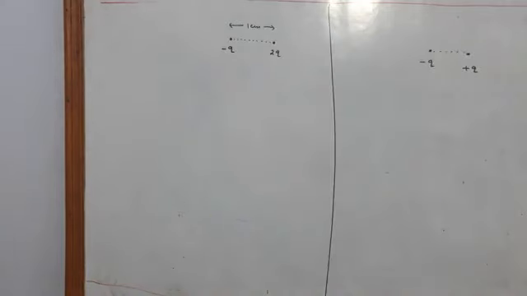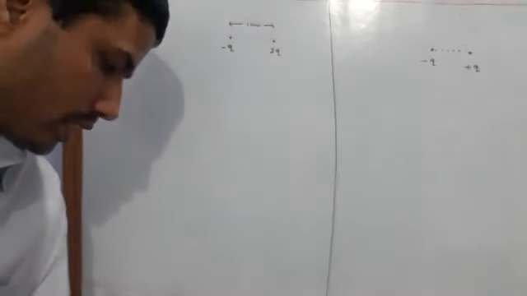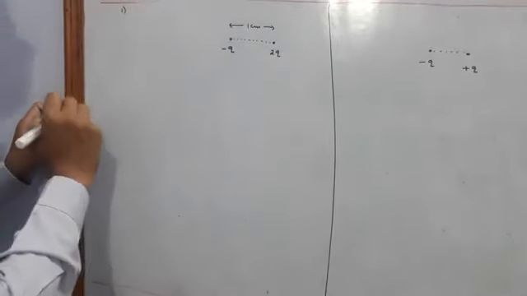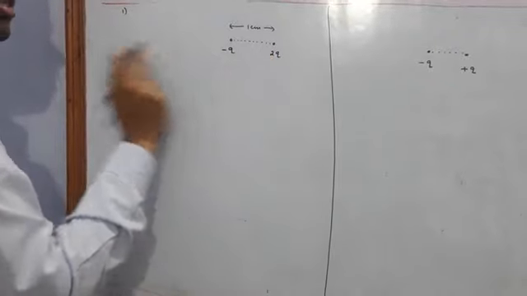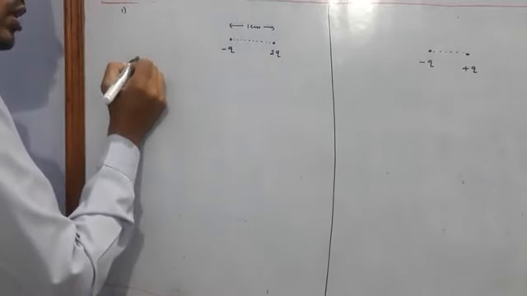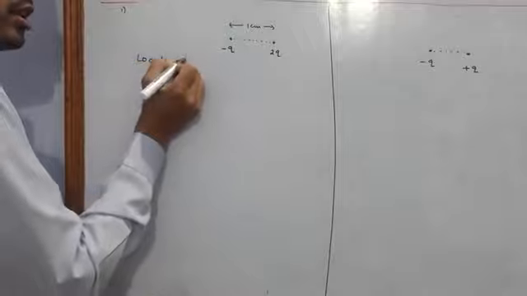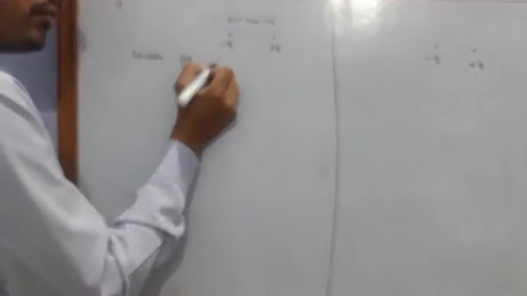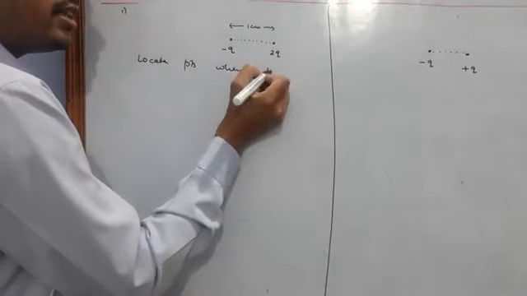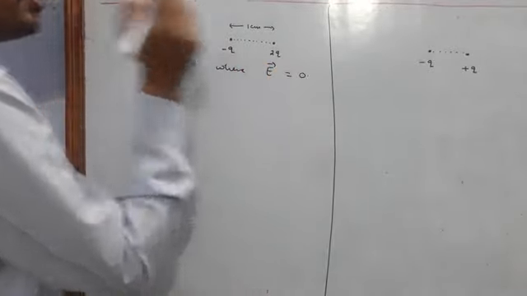Let us try to solve a question based on electric field. Here you see there are two figures. First we will discuss this one, first question. Here we see there are two charges. One has a magnitude 2q, other has a magnitude minus q. You have to locate points on the line joining these two charges where the net electric field is 0.